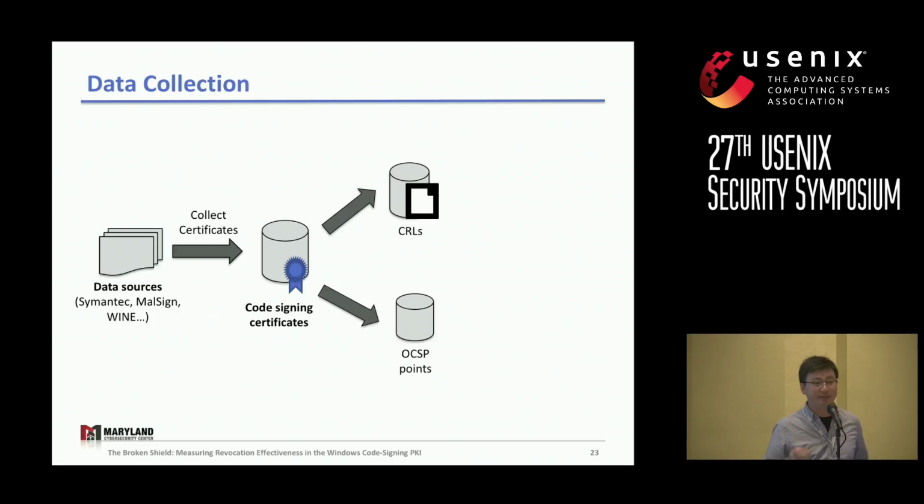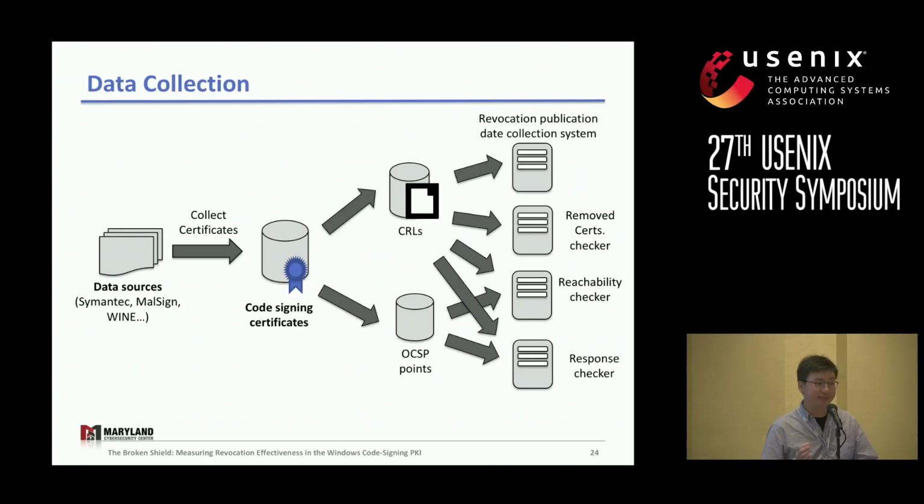For example, the CA uses a single CRL for TLS as well as code signing certificates. So we manually filter out the CRLs used for other purposes, which leaves the CRLs used only for the code signing PKI. The CRL and OCSP points are fed into our measurement system to examine the effective revocations.